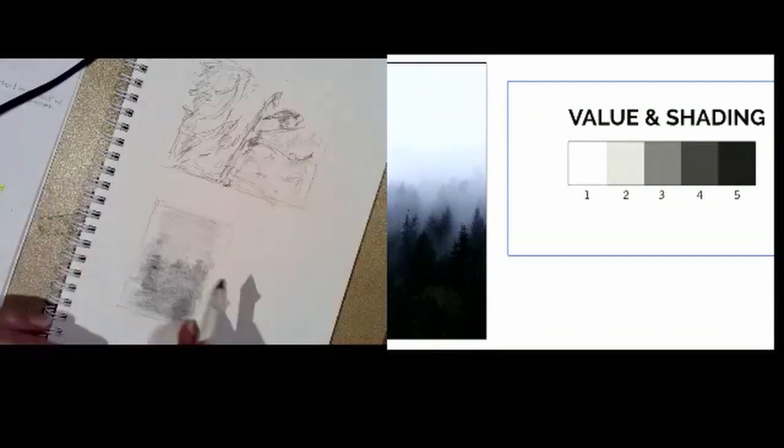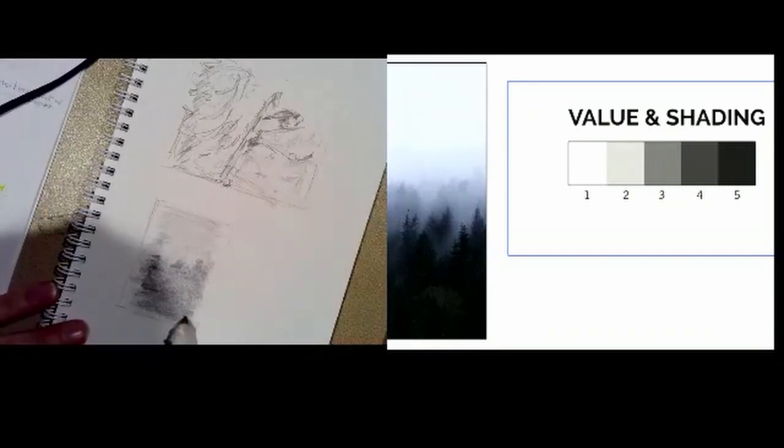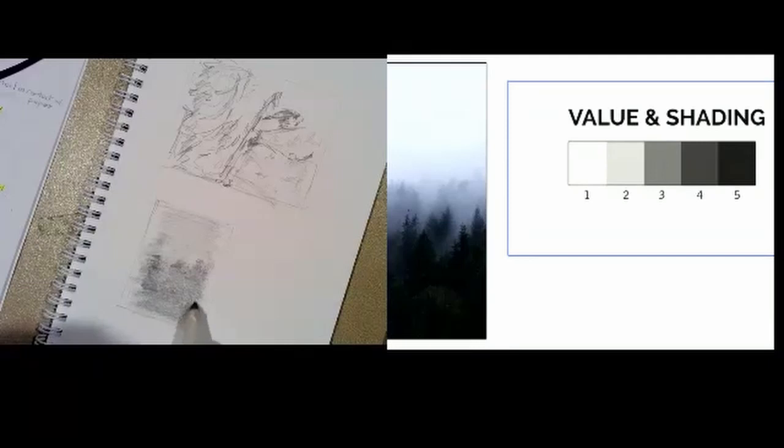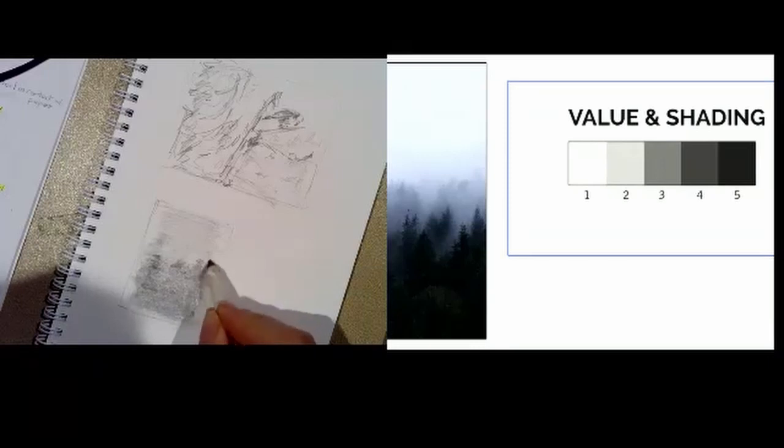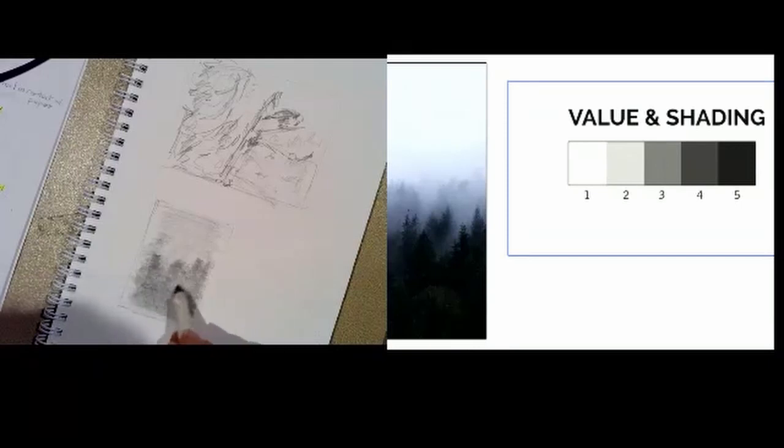And if you use your smudge stick and blend in a circular motion, what we're doing is moving the graphite around on the paper. And you get that lovely, especially for an image like this, wonderful smooth technique.